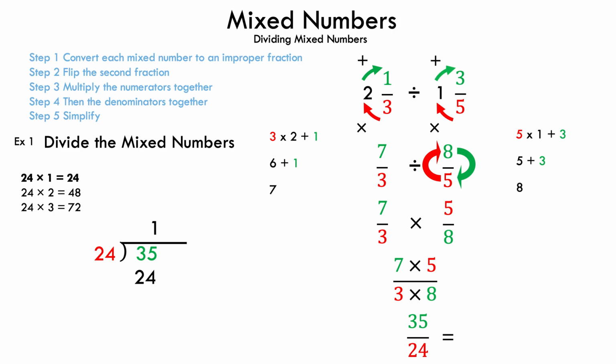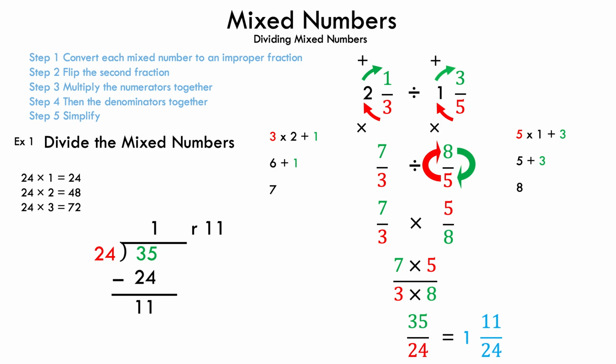And that is 24. And now we subtract 35 and 24, which gives us 11. That is our remainder. So we're going to use the three numbers 24, 1, and 11 to write our mixed number, which is 1 and 11/24. And that is our answer, since we can't simplify.